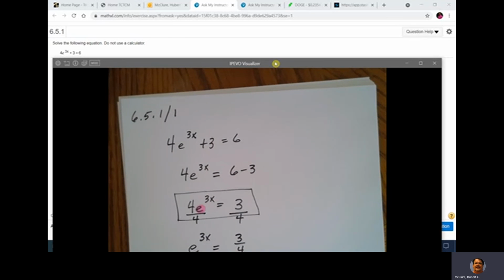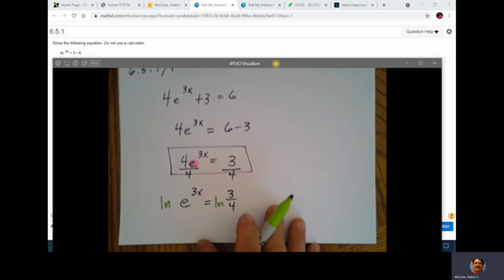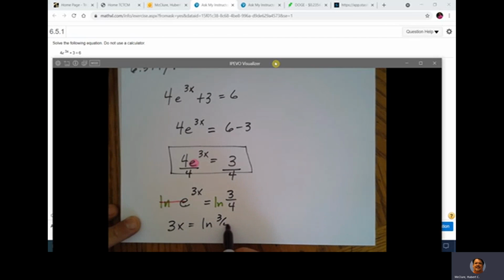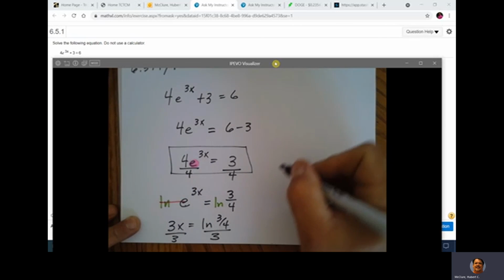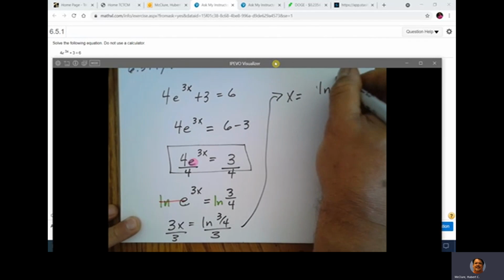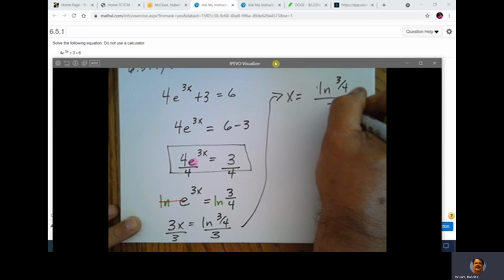That'd help you out. Take the log of both sides, and natural log cancels the e, so you're left with 3x is equal to the natural log of 3/4. Divide both sides by 3, and x is equal to the natural log of 3/4 divided by 3.